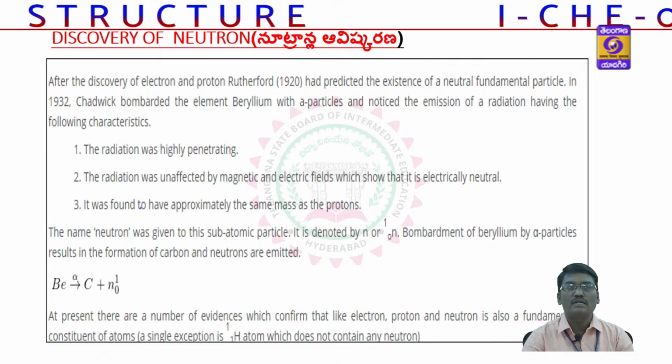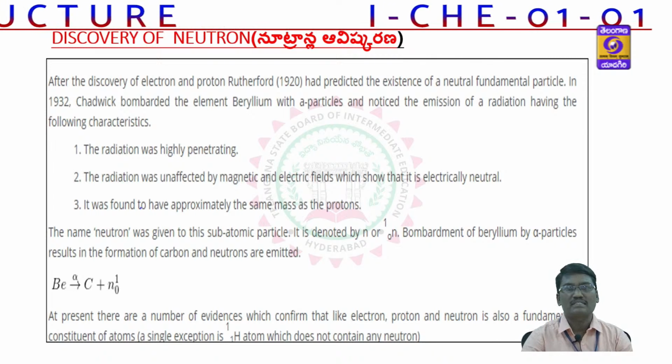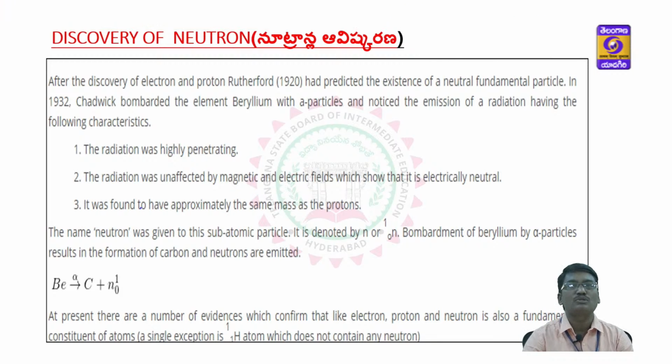It was found to have approximately the same mass as the protons, that is nearly the same mass as the positive particles. So the particles which came out are electrically neutral, have mass near to the protons, and have penetrating power. The name neutron was given to this subatomic particle. It is denoted by small n or n with subscript 0 and superscript 1.